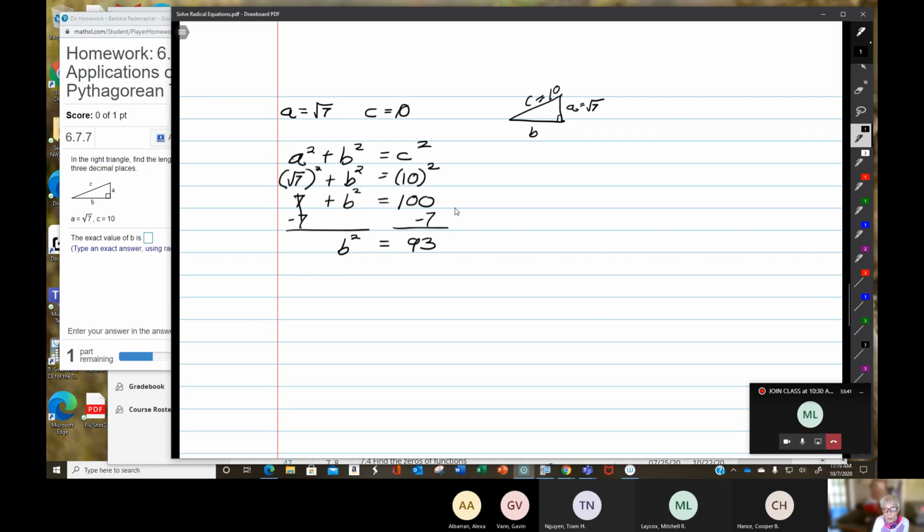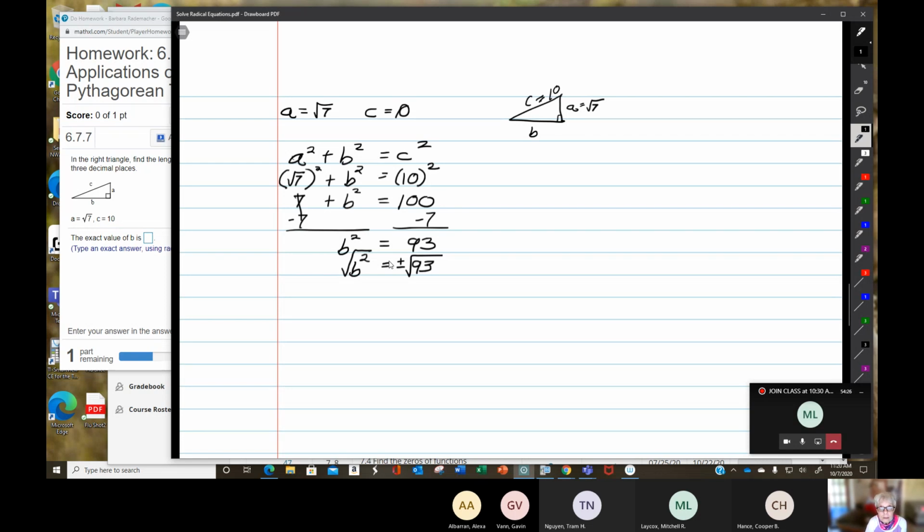Well, okay, actually, what we would normally do to solve this equation is this. I would take the square root of the left side to undo the square, and I would take the square root of the right side, being sure to add a plus or a minus, because every positive number in the real number system has two square roots, a principal square root, which is positive, and a negative square root.